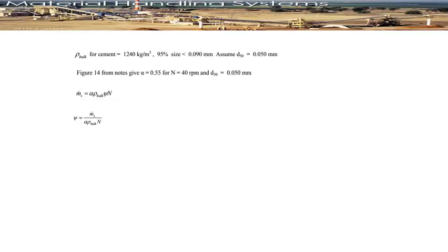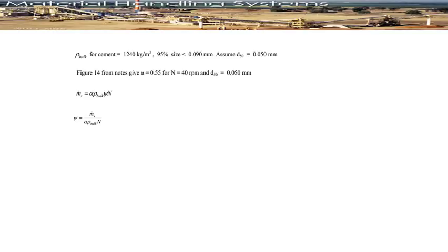Now we have to remember something. The N value is in RPM, so it's revolutions per minute. Now the mass flow rate we have is 16 ton per hour, so you have to unify all the units.